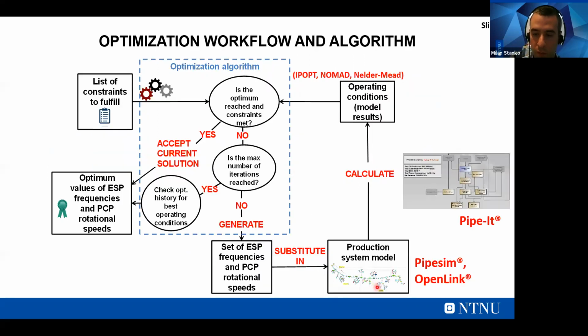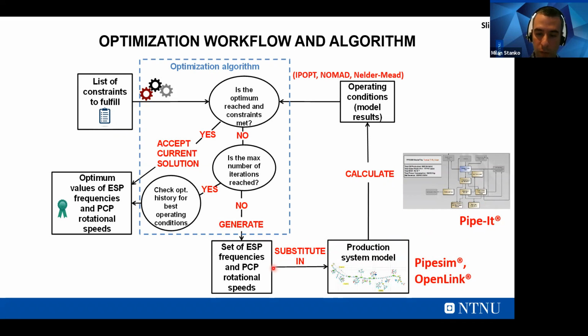Okay, here we were using the PipeSim model, and PipeSim had at that time, and I think they still have, a module to do optimization called the Well Optimizer. But at that time, it didn't work for this problem because we had a lot of constraints and a lot of variables that we wanted to change. So we decided to do optimization using Pipeit, in which we run this model several times, controlling it through OpenLink.